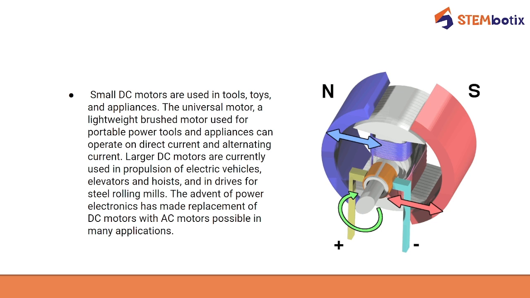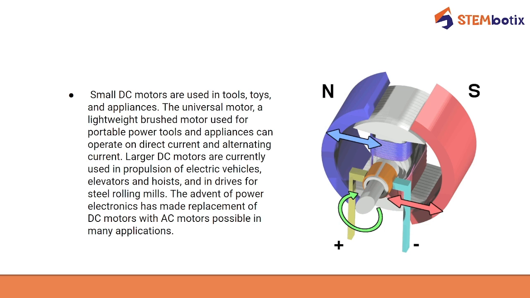Now, the advent of power electronics has made replacement of DC motors with AC motors possible in many applications. So, now AC motors are made in such a way that they have replaced DC motors in some application areas. But in tools, toys, and home appliances, DC motors are still widely used because they have higher starting torque.